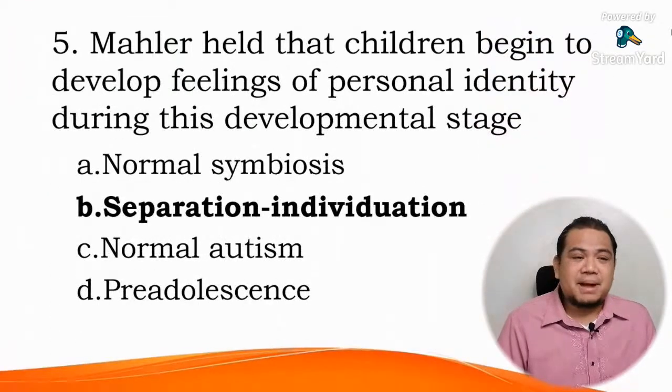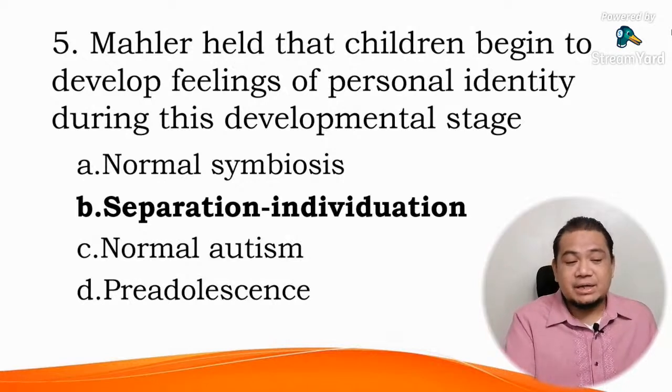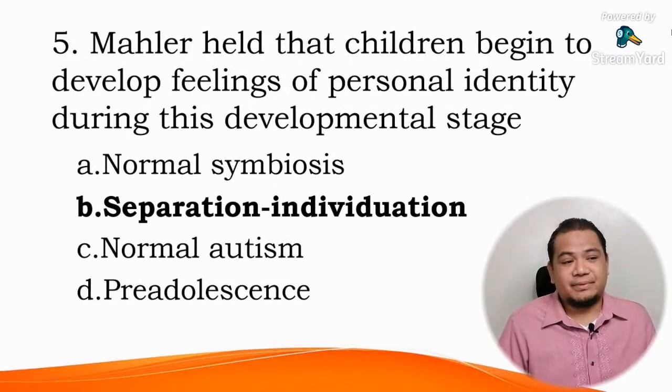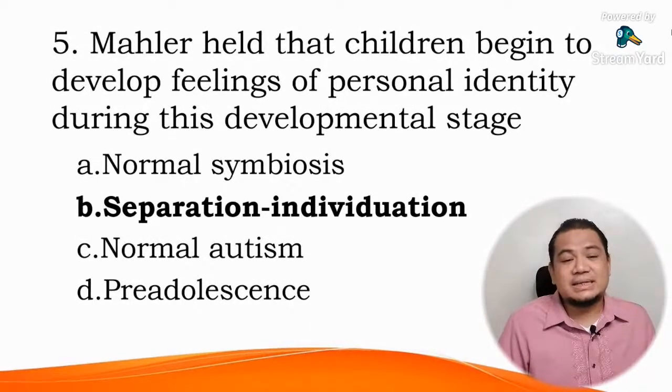Number 5, Mahler held that children begin to develop feelings of personal identity during this developmental stage. The answer is letter B, separation, individuation. The third major developmental stage, separation, individuation, spans the period from about the 4th or 5th month of age until about the 30th or 36th month.